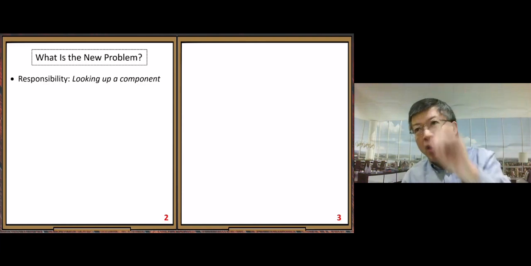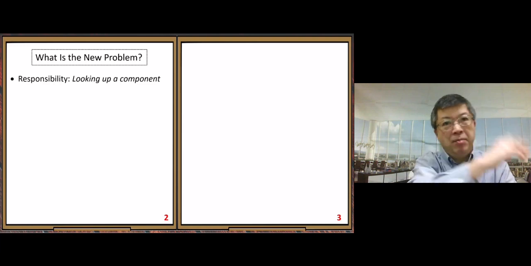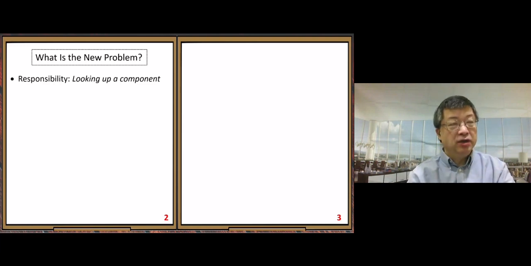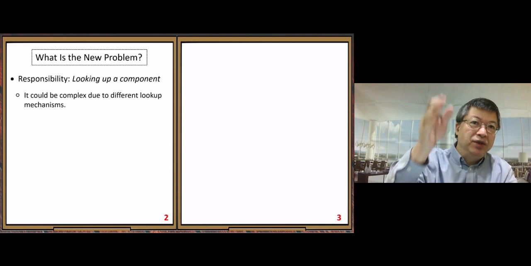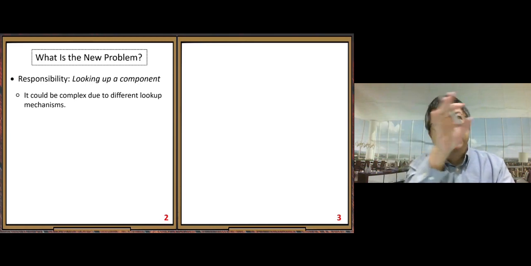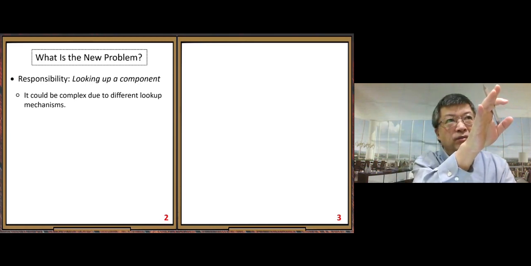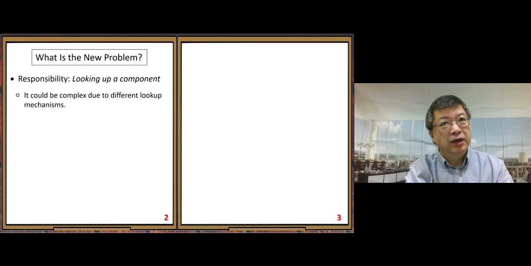That part we call looking up a component. We have to write the lookup logic code there. It could be complex due to different lookup mechanisms. You need to get different resources through different lookup mechanisms, which sometimes could be complicated. So you need to consider that factor.